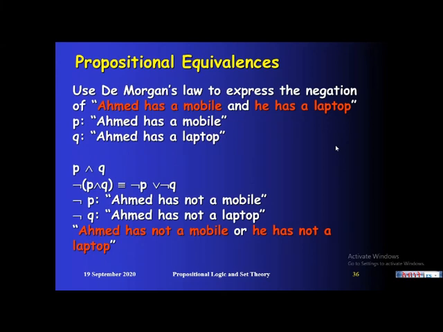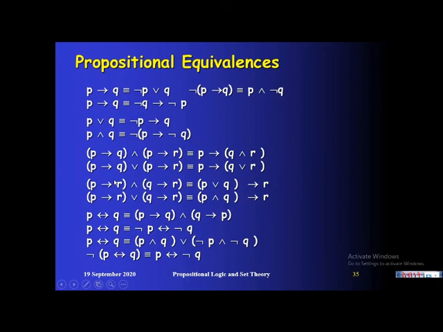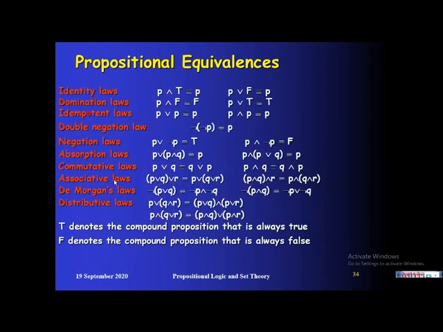For example, using De Morgan's law, express the negation of, look, Ahmed has a mobile and he has a laptop. From here, when you take out P and Q: P is Ahmed has a mobile, Q is Ahmed has a laptop. So these are P and Q. Now let me go back to what De Morgan's law says.